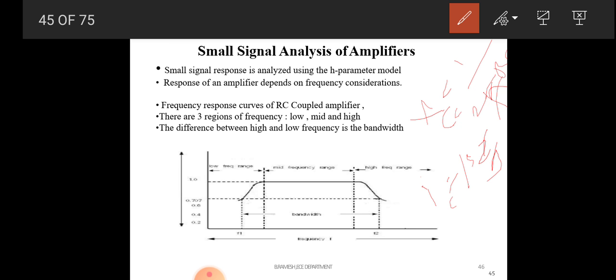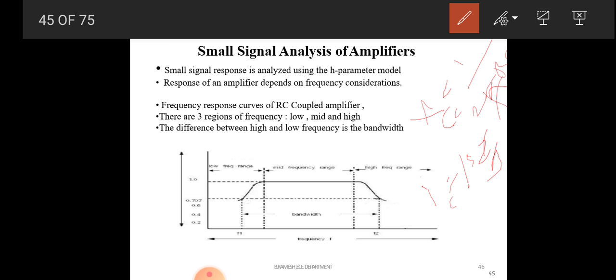So bandwidth locates the maximum constant signal, a band pass signal we can say. Up to that frequency your gain is constant. So that is called bandwidth. The bandwidth formula is BW is equal to FH minus FL, or F2 minus F1.